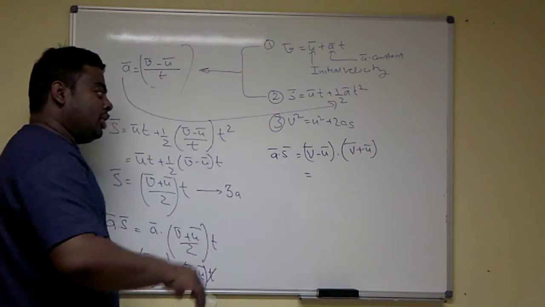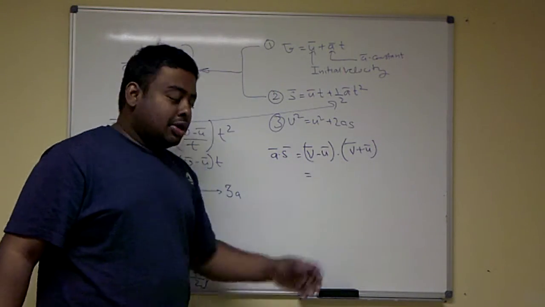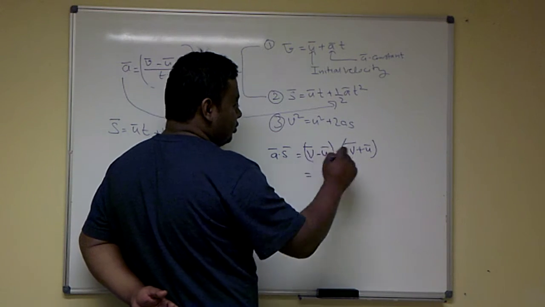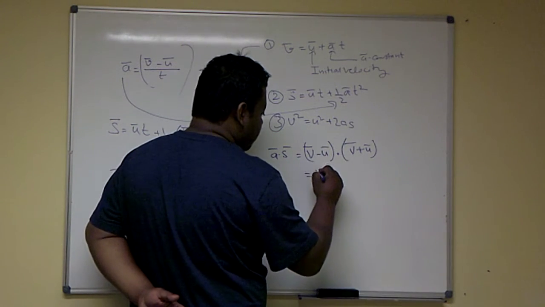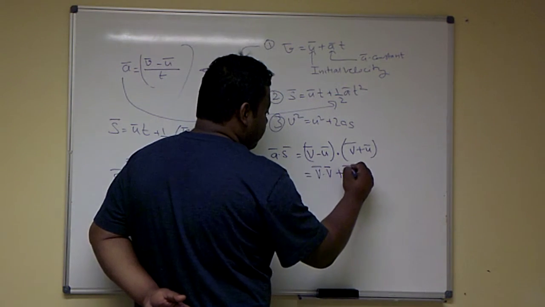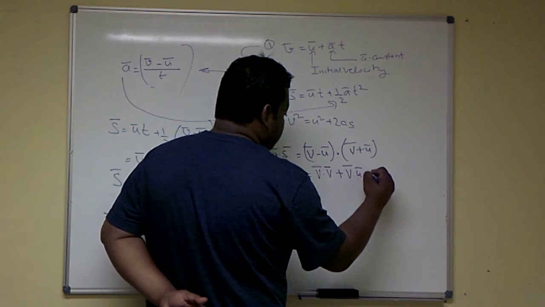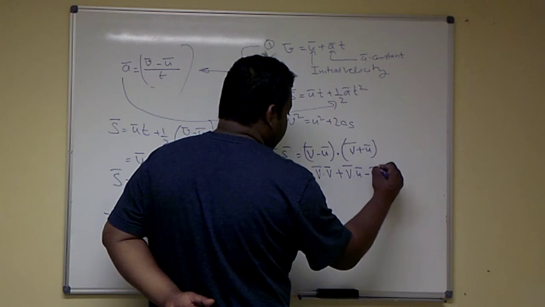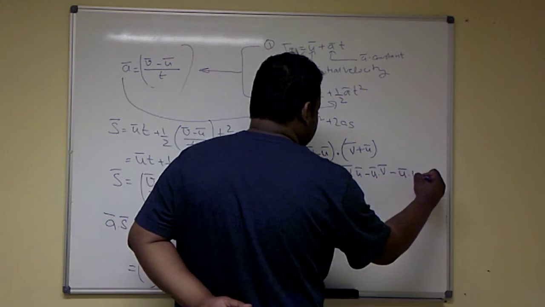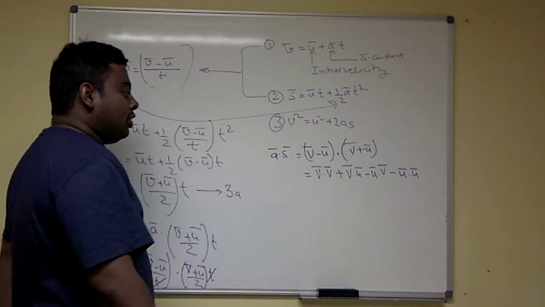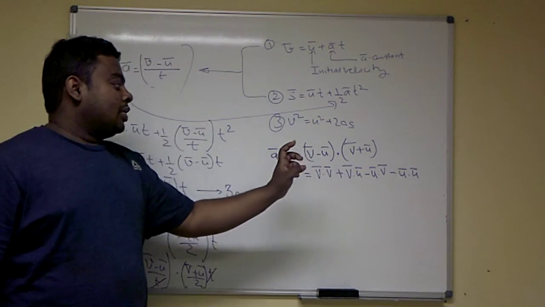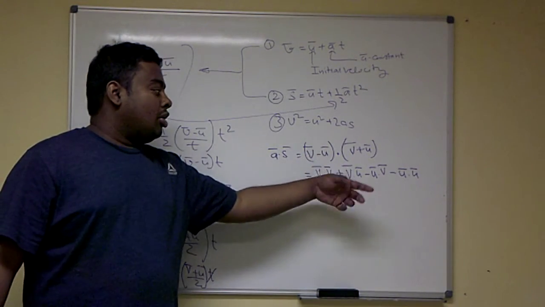If we distribute this dot product of vectors over here, we get v dot v as the first term, the second term will be v dot u, the third term will be minus u dot v, and the fourth term will be minus u dot u. Now remember, for dot products, the order does not matter, v dot u or u dot v.